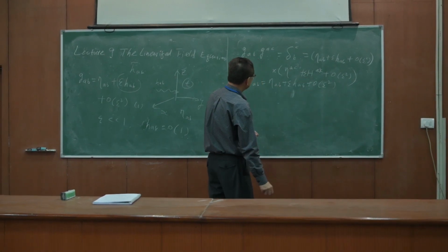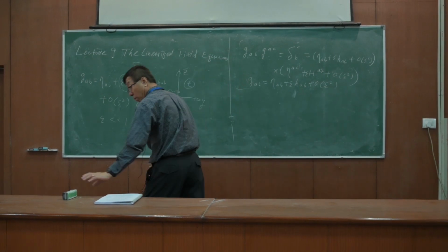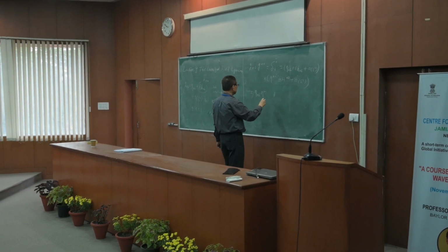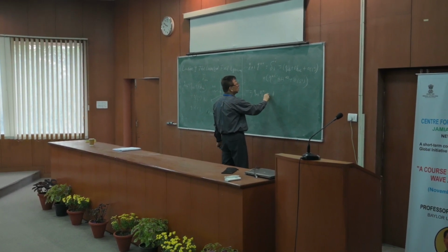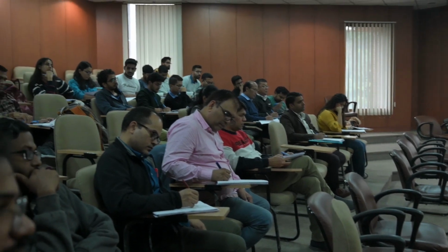So then you can get eta_AB eta_AC plus epsilon eta_AB H_AC, then second order, first order. Then plus this guy, epsilon H_AB eta_AC. Then this one multiplies this one is second order.